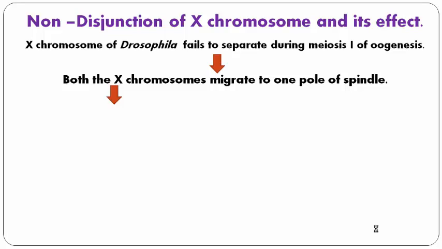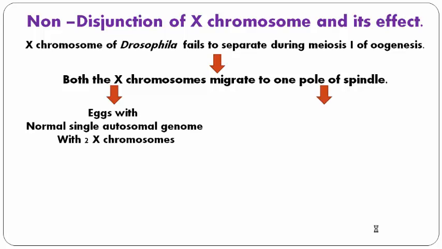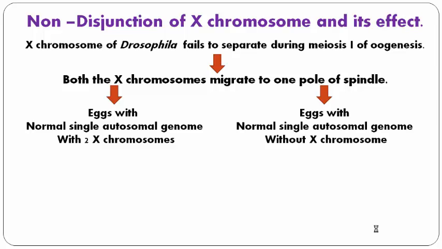This gives some eggs with the normal single autosomal genome but with two X chromosomes, and some eggs with the normal single autosomal genome but with no sex chromosome at all. Such an unusual occurrence is called the non-disjunction of X chromosomes.